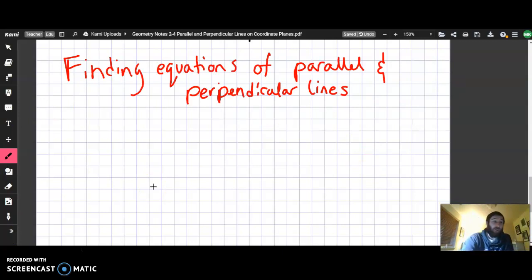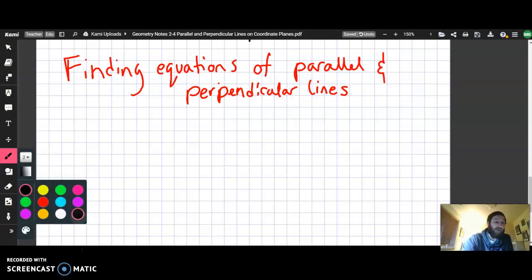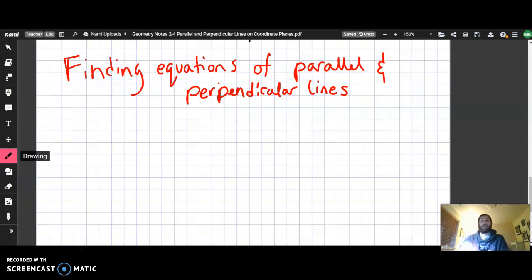So we have to start somewhere. So what is the line that we are starting from that we will then find our parallel and perpendicular lines? Well, it's going to be y equals 3x minus 5. And so, ladies and gentlemen, let's go ahead and find the parallel line first.